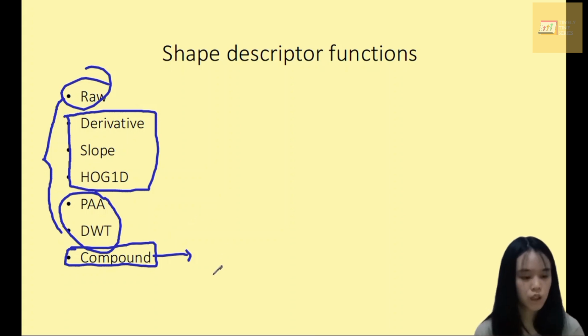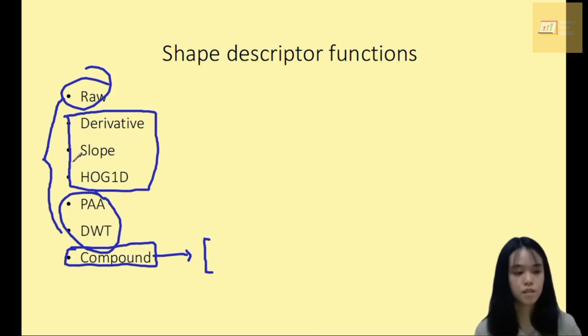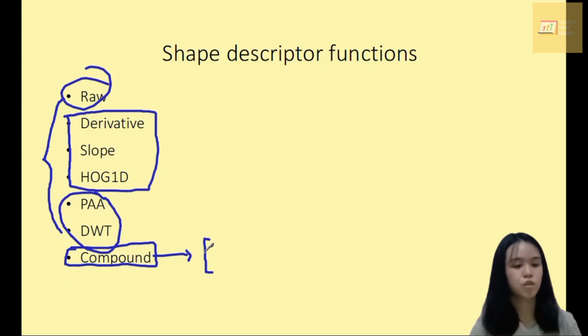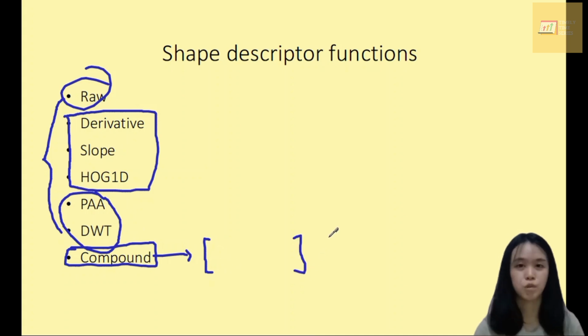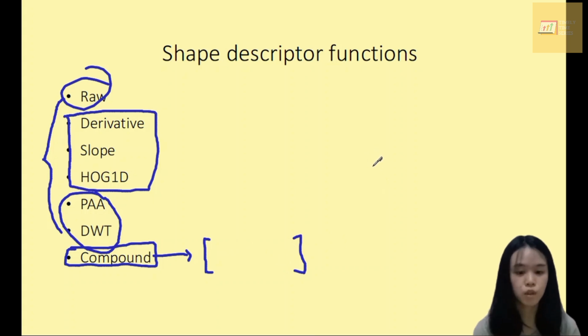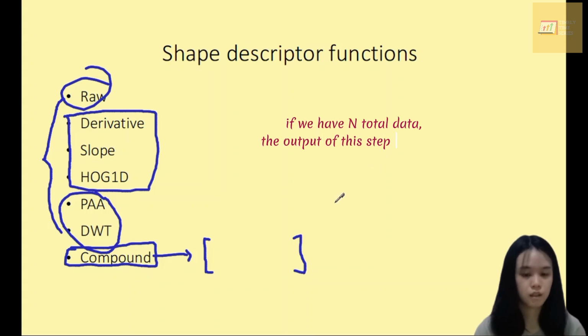So we usually do a mix of these two classes. In practice, we will put each shape descriptor into a list, that is if we want to use compound descriptor function. So at the end of the shape descriptor stage here, we would get a shape descriptor, which is a 2D matrix. And again, this is for one time series, univariate time series.